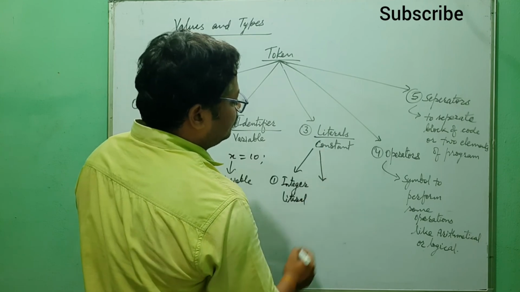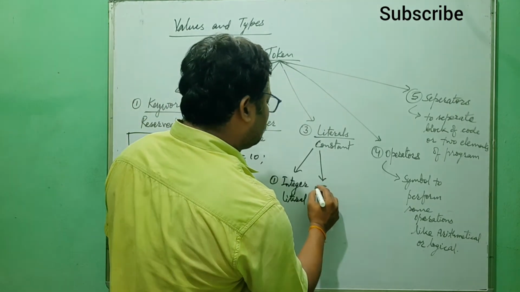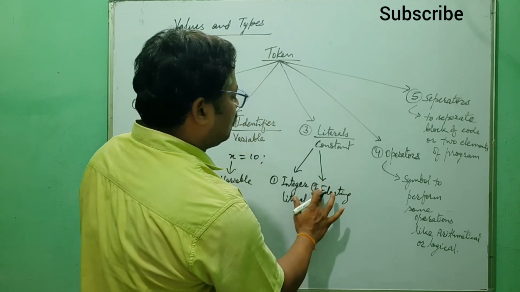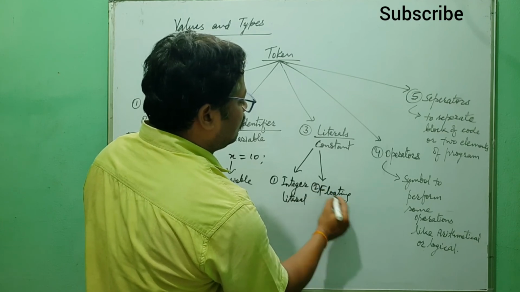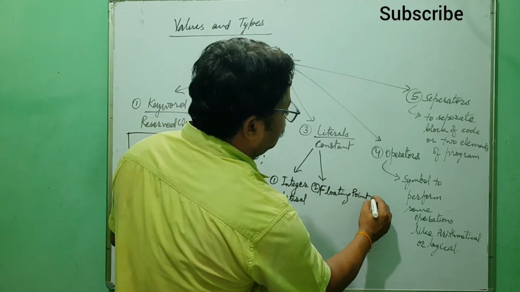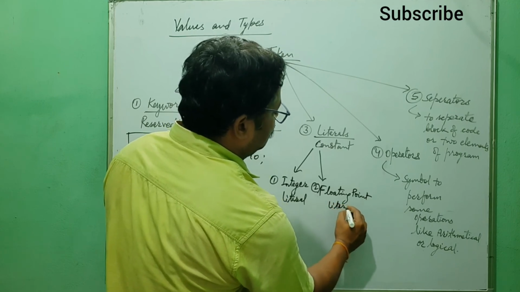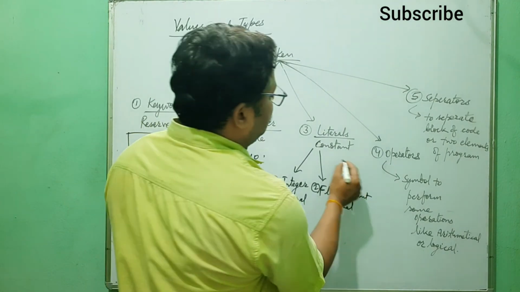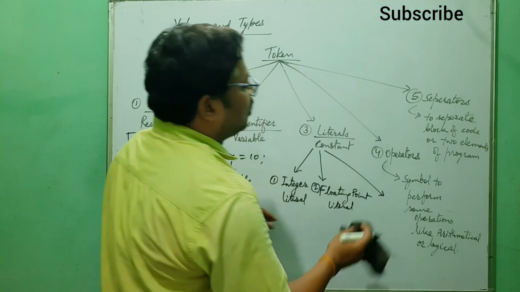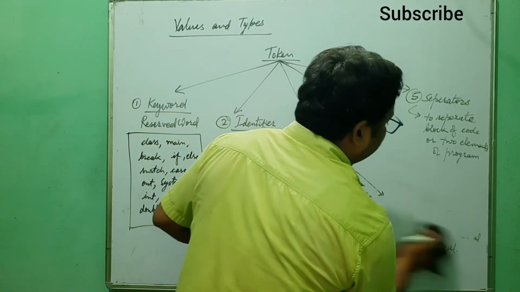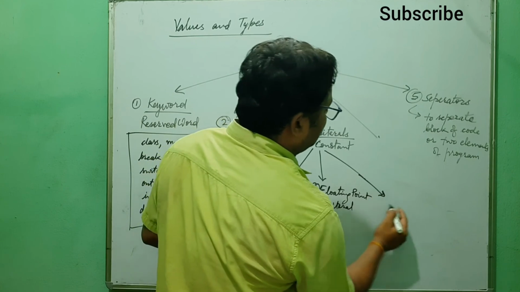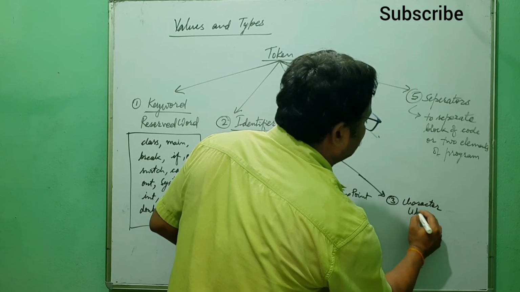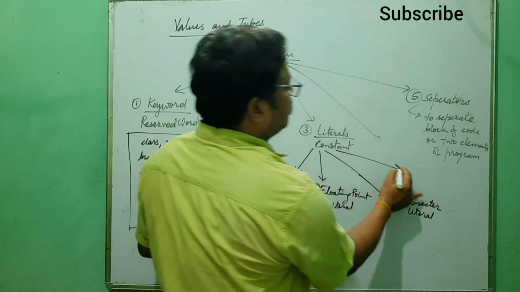Second one is the floating point literal, where we will use some decimal value. Third is the character literal. And fourth is the string literal.